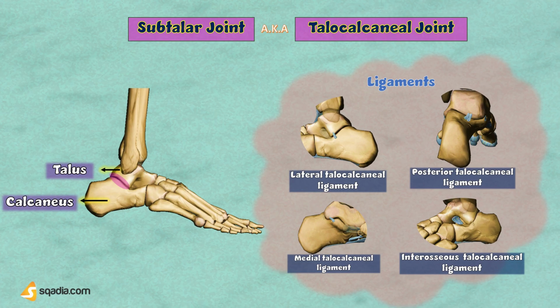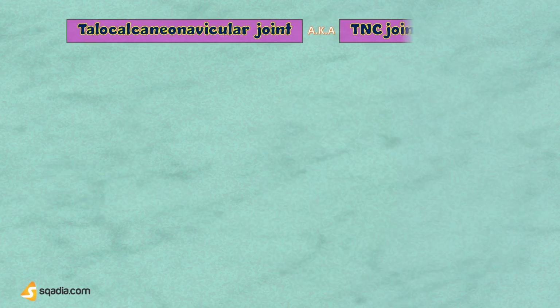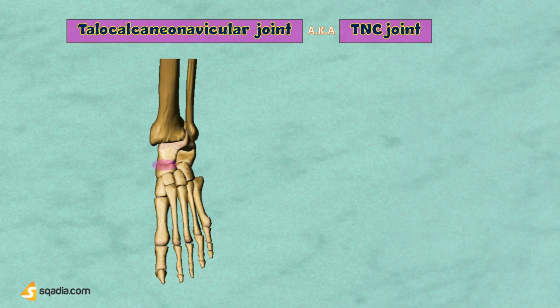Next up we have the talocalcaneo-navicular joint. The talocalcaneo-navicular joint, also known as the TNC joint, is a synovial joint located in the midfoot of the foot. It is formed by the articulation of the talus bone, the calcaneus bone, and the navicular bone.